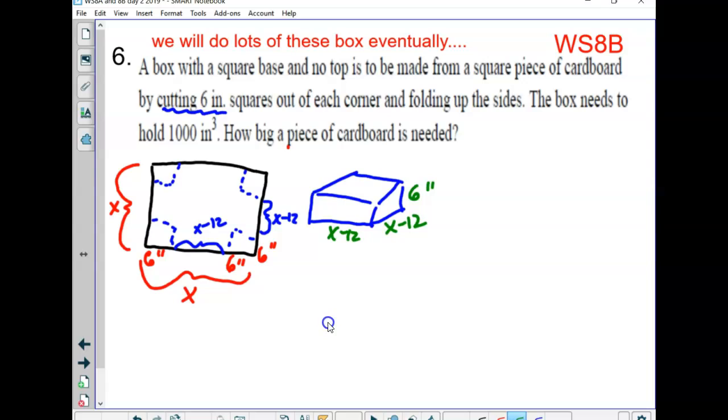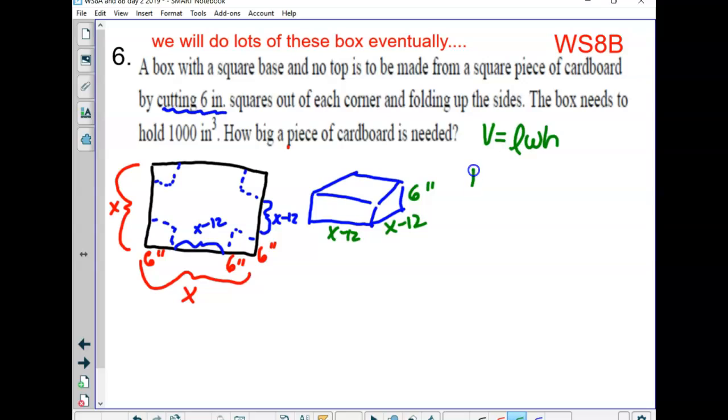The box needs to hold 1,000 cubic inches. That's what kind of a number, cubic inches? It's volume. So what is the formula for volume of a box? Length, width, height.